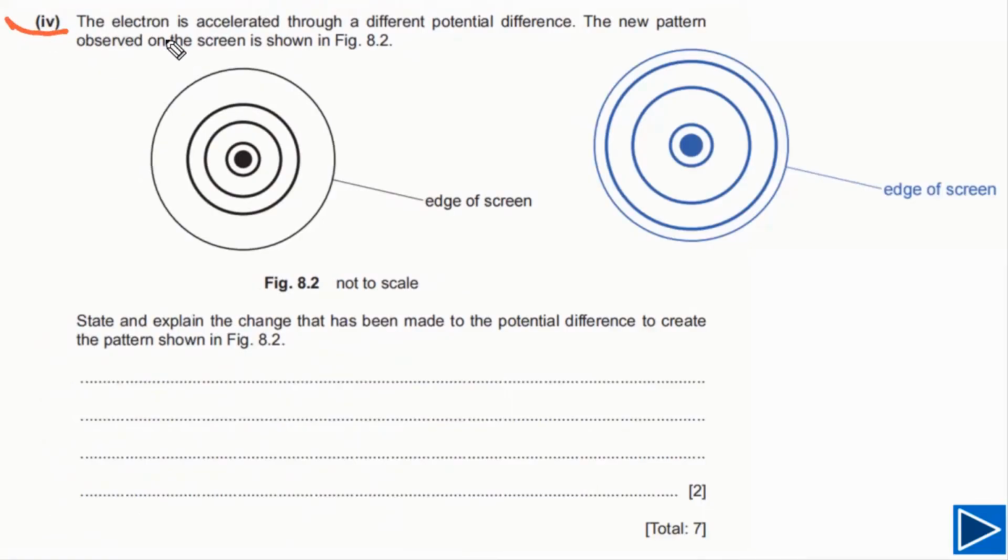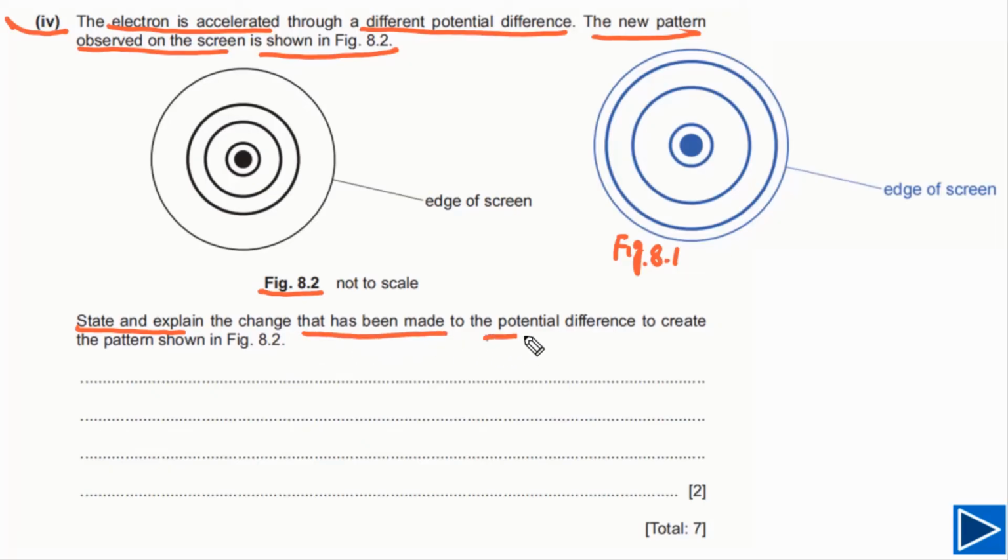For part 4, it is given that the electron is accelerated through a different potential difference. The new pattern observed on the screen is shown in figure 8.2, and this is our figure 8.1. State and explain the change that has been made to the potential difference to create the pattern shown in figure 8.2.